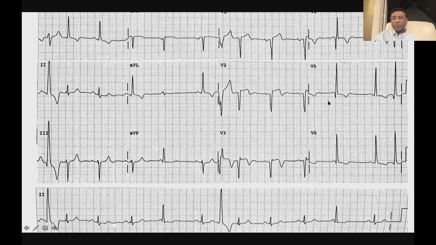A little prominent on the voltage, kind of a little suspicious for LVH possibly, and we can look at some LVH criteria here in a moment. And then here are these big wide beats over here. What do you make of this beat here?